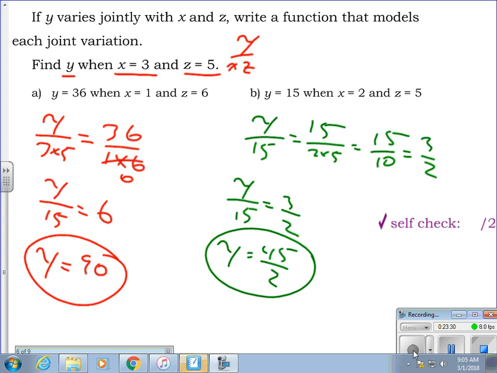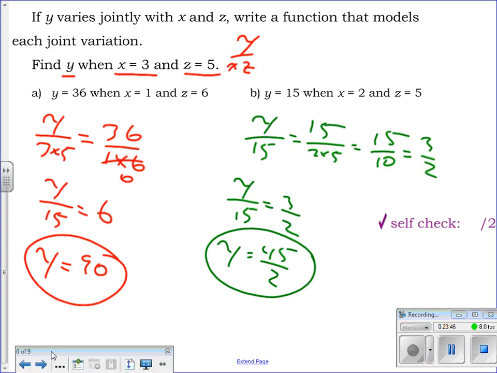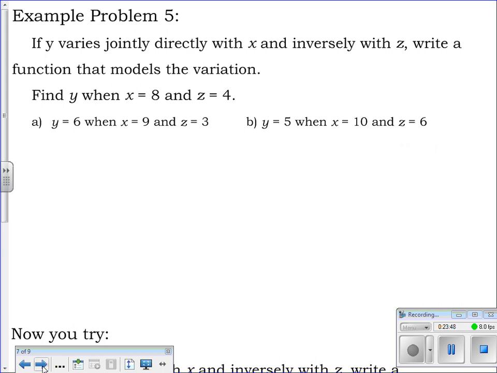Always reduce. No fractions, no decimals. Fractions reduced, yes. I do believe on the test, if I remember correctly, it says no decimals. Okay, what part of no decimals don't you understand?